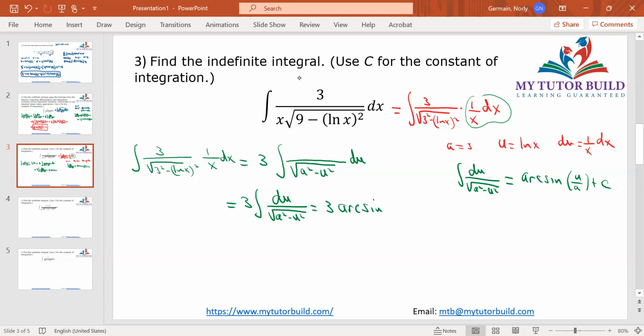The 3 is a constant, so I jump it in front of the integral symbol, and that would be u over a plus c. Now, because I know what u is, I can substitute u is ln x over a, which is 3, plus c.